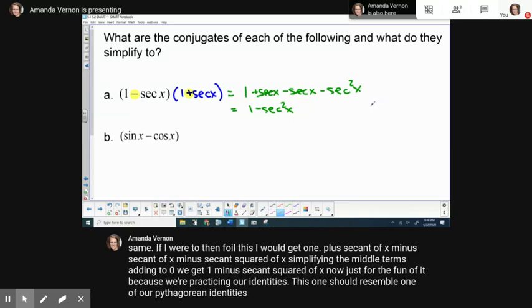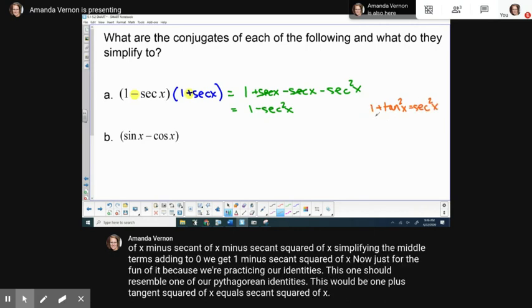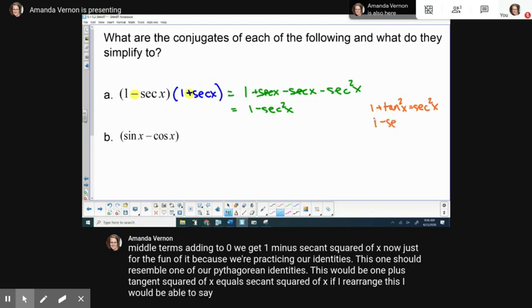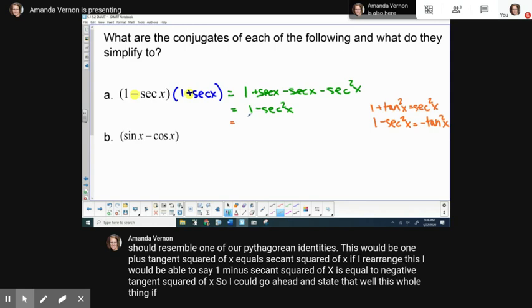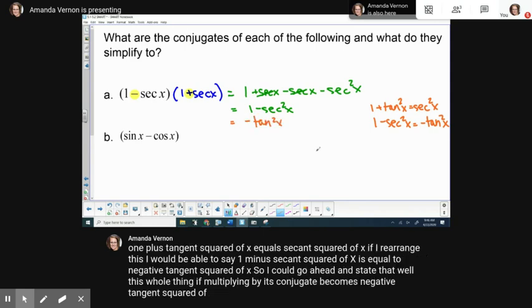This would be 1 plus tangent squared of x equals secant squared of x. If I rearrange this, I would be able to say 1 minus secant squared of x is equal to negative tangent squared of x. So I could go ahead and state that this whole thing, if multiplying by its conjugate, becomes negative tangent squared of x.